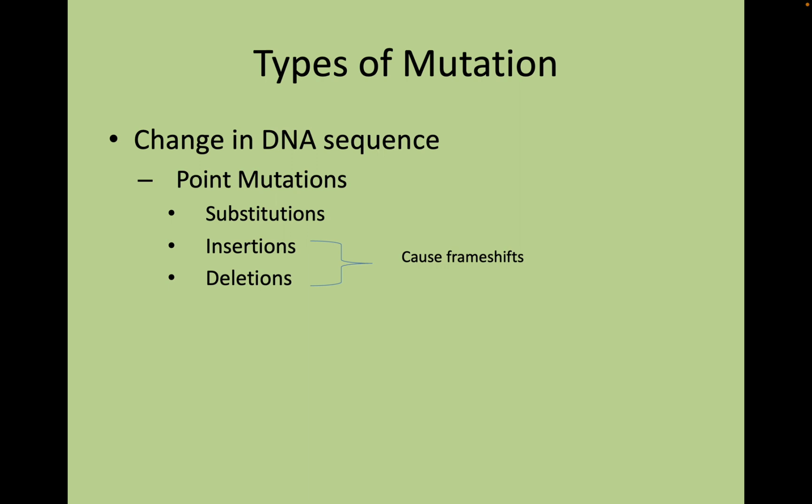There are different types of mutations. So there could be point mutations, a substitution, so when one letter is swapped out for another, an insertion, when a new letter is added into the sequence, or a deletion, where a base pair is omitted. And these last two, insertions and deletions, cause frame shifts. Remember that when DNA is transcribed into mRNA, it's read as 3-letter codons when translation happens.